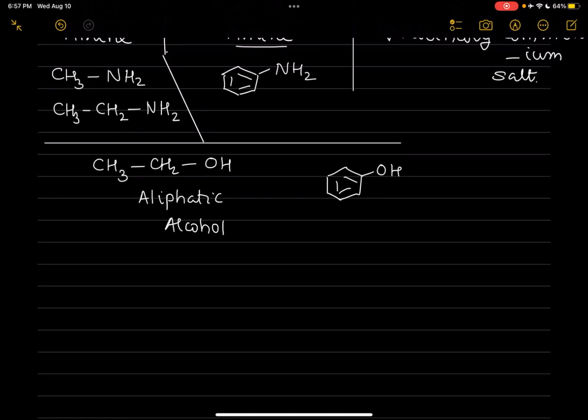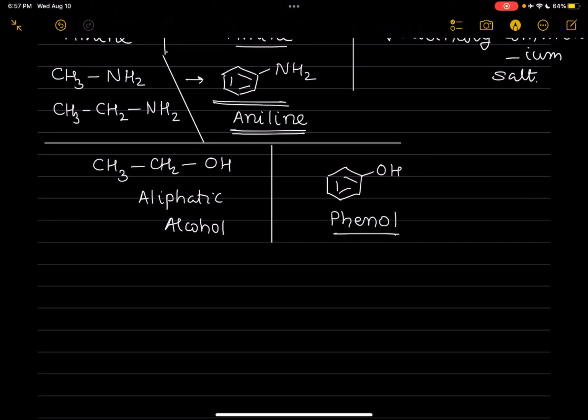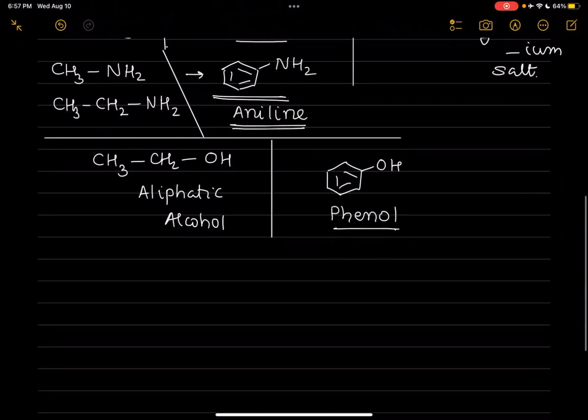Ash, Laya, Abdullah. What is the common name for this aromatic amine? This is aniline. Clear? And what is the common name for this aromatic alcohol? This is phenol. So that's how you classify aliphatic, aromatic.